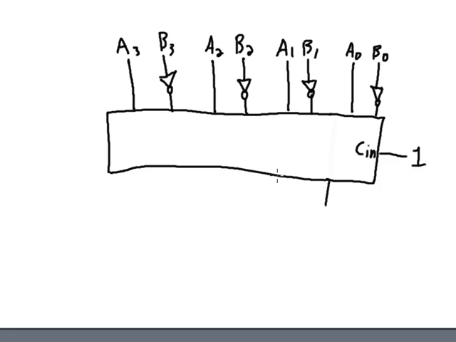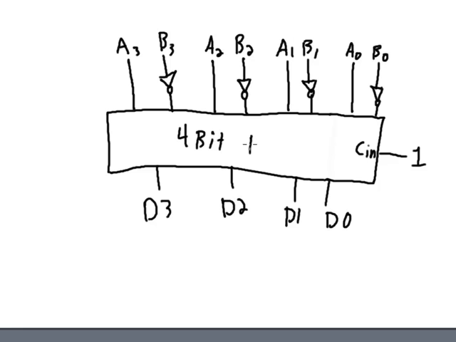And we're going to have outputs D3, D2, D1, and D0, where D just stands for the difference. So if this is a 4-bit full adder here, this overall circuit is going to give us a subtractor.